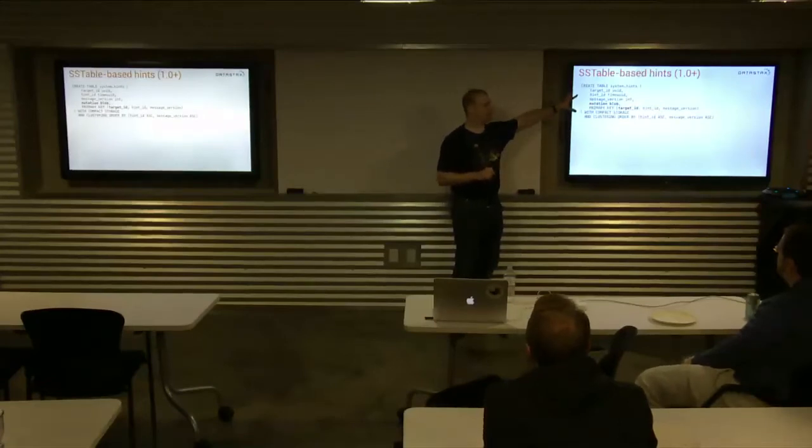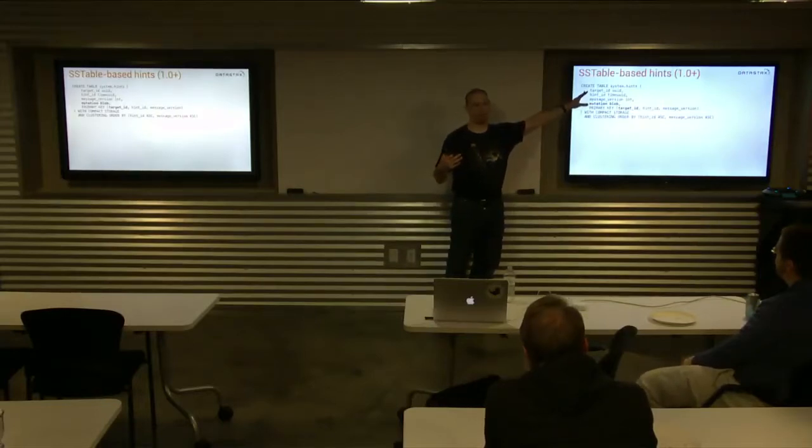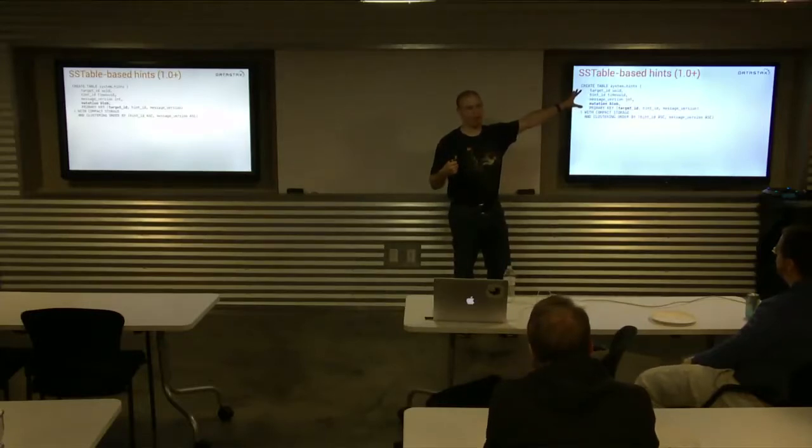We've had hints since really like 0.5, but 1.0 is where we standardized on the schema we have now. We've stored hints in SSTables just like any other data that Cassandra stores, which is convenient because we have this log-structured merge tree-based storage engine, so we might as well leverage it.